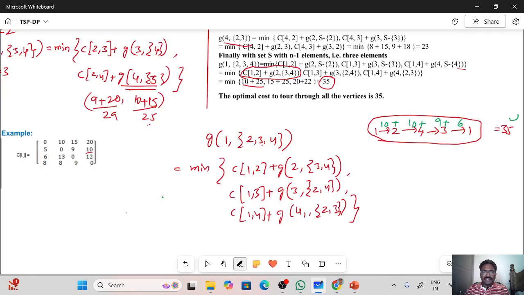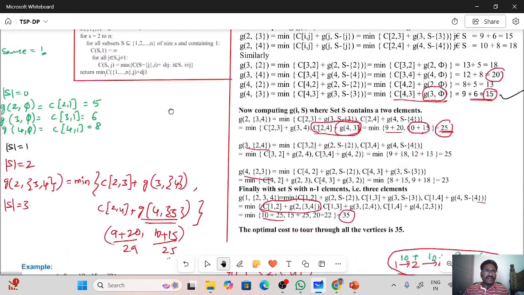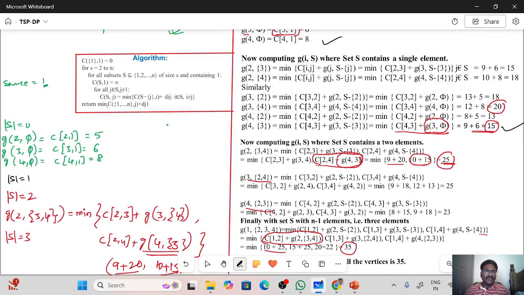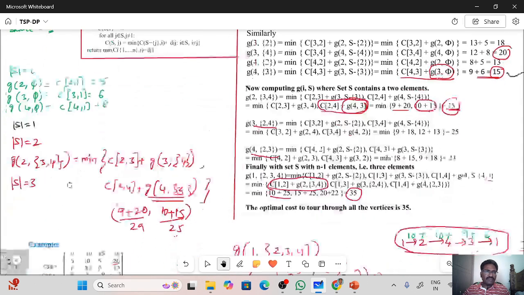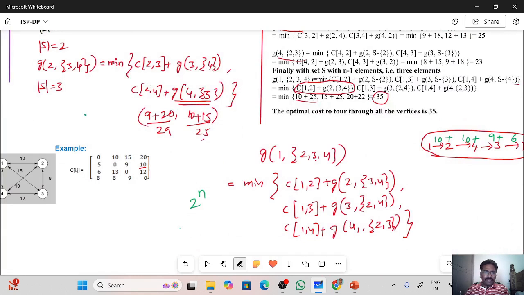If you observe clearly, it is 2 power n, and every time it verifies from all the possible sets for each and every vertex. That is, each and every element is compared with the other set elements. So, that is n minus 1 into n minus 2 at most, which is n square. So, this is the worst case time, order of n square into 2 power n, or otherwise simply order of 2 power n.